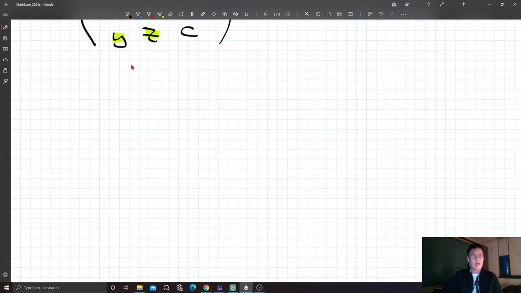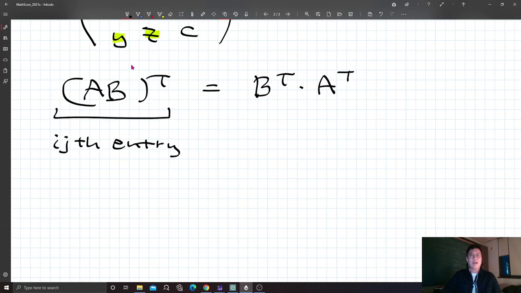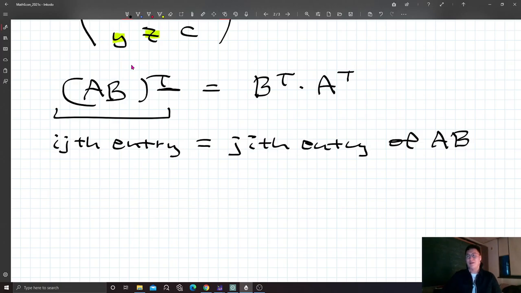So (AB)'s transpose is equal to B transpose times A transpose. Why is this true? Think about the ijth entry of the expression on the left-hand side. Because we have a transpose here, that is the same as the jith entry, an interchange of row and column, of the product AB.